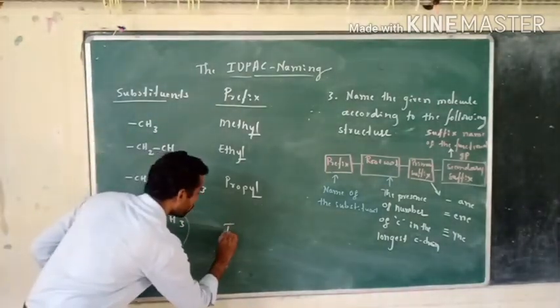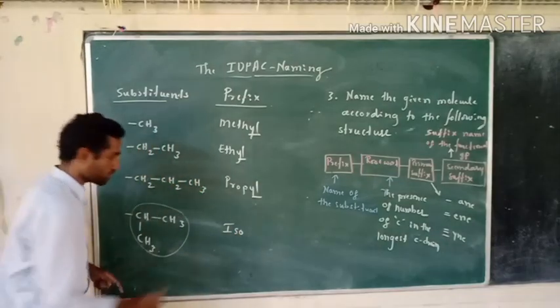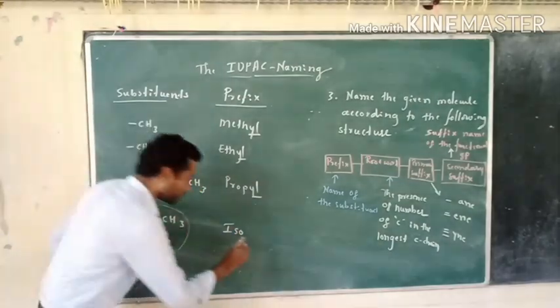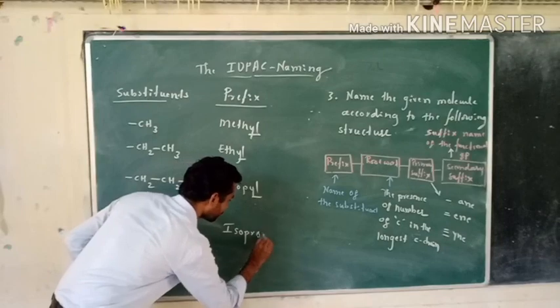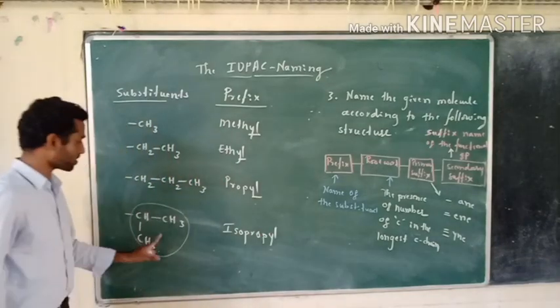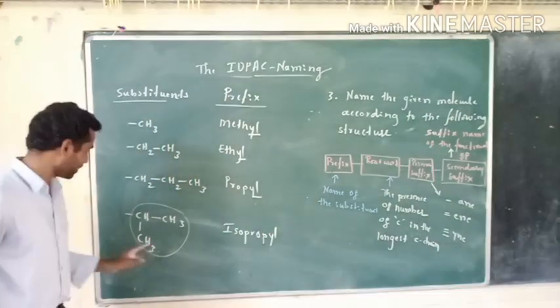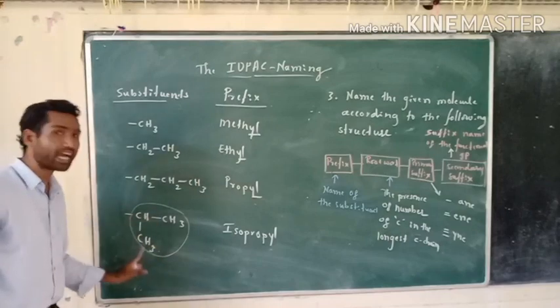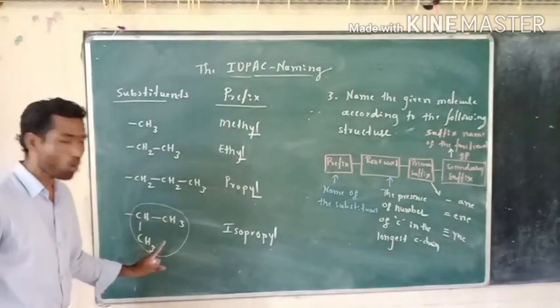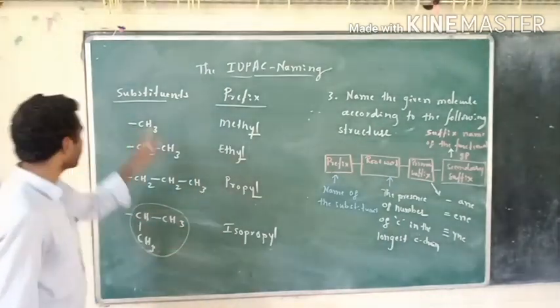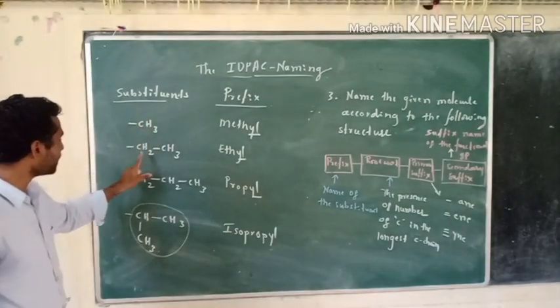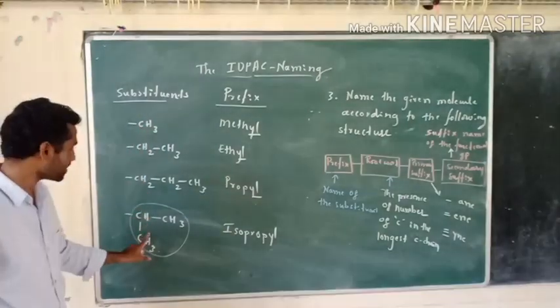So iso. So number of carbons 3, therefore propyl. The name of this substituent is isopropyl. Remember, this group is known as iso group. Isopropyl. So this one is methyl, ethyl, propyl. This is isopropyl.